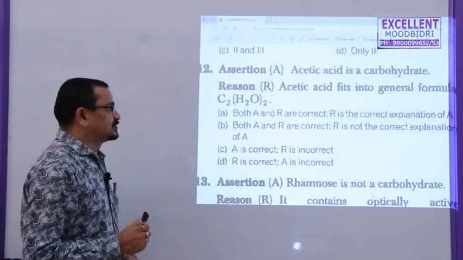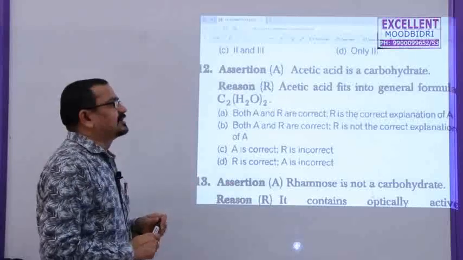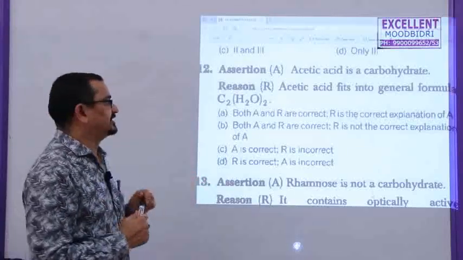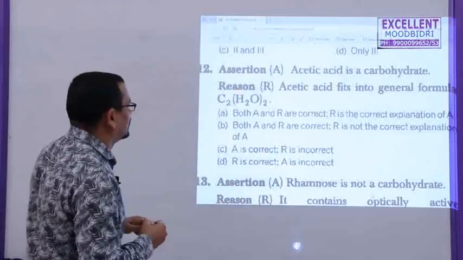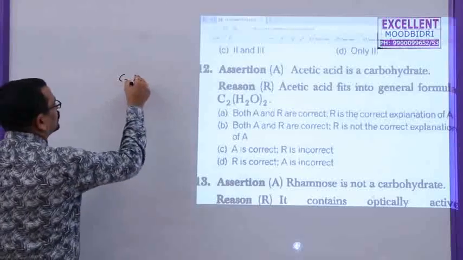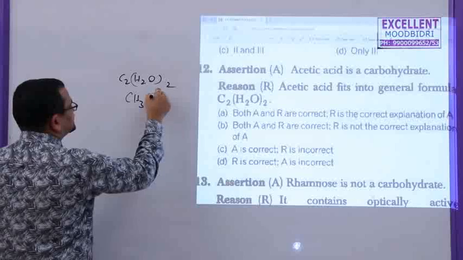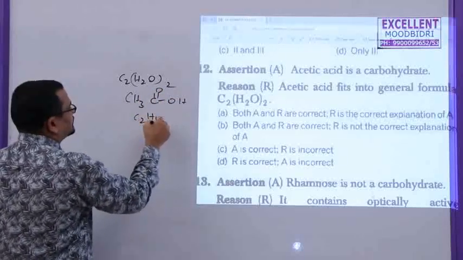Now let's come to the next question. Assertion reason model. Acetic acid is a carbohydrate. How can we say acetic acid is not a carbohydrate? See, reason is given as acetic acid fits into the general formula C2H2O taken twice. It is CH3COOH. When you add all these atoms, C2H4O2.